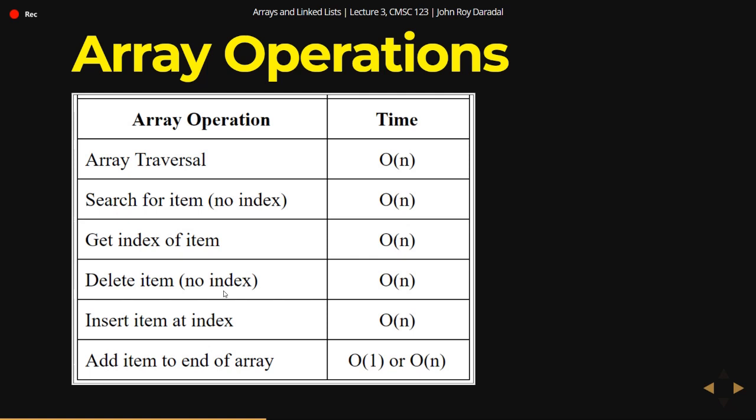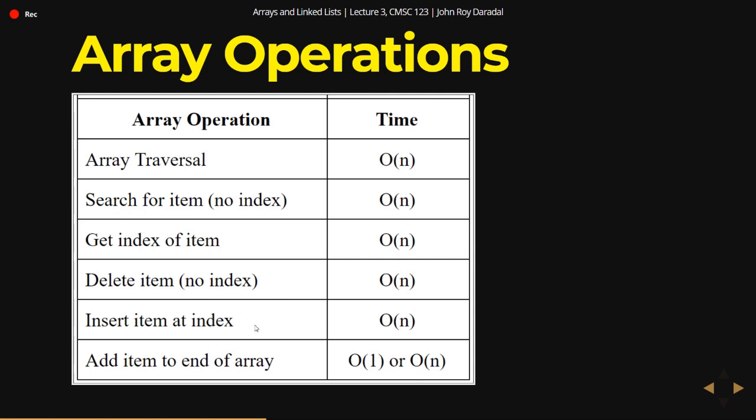If you delete an item without knowing its index, you also have to search for the item first before you can delete it. So you have to run search first, so that it takes O of n time as well. Now, if you want to insert an item at a certain index and move the rest of the items after that, that will also take O of n time, or linear.